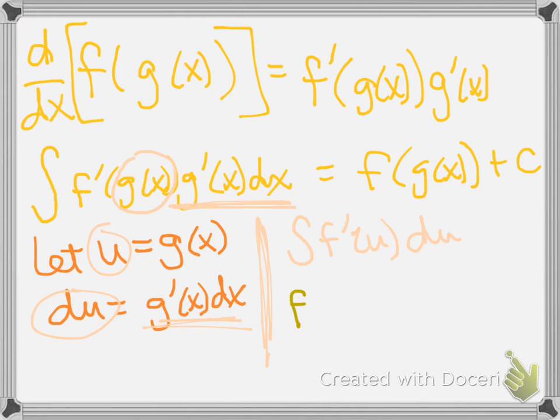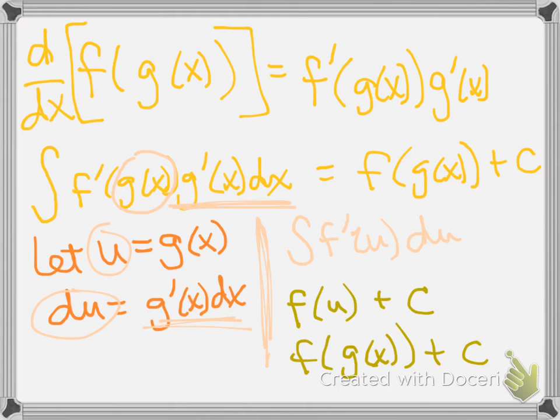Well, that becomes just f of u, and then of course the most general, so we want a plus a constant. And then if I substitute back in place of u what u is defined as, g of x, then I get f of g of x plus a constant, which we got by just looking at the mechanics of substitution and not at the fact that we just took a derivative, so we know what its antiderivative has to be.